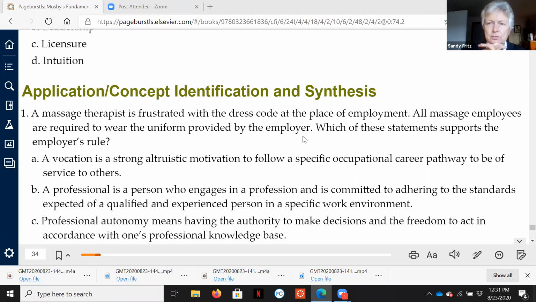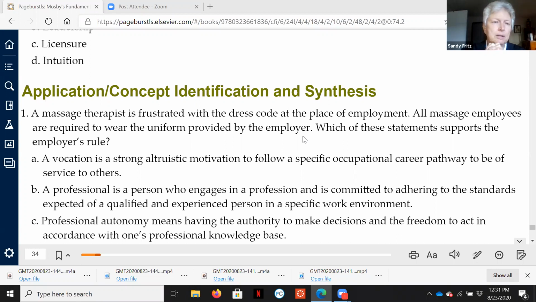So let's start with the first one. A massage therapist is frustrated with the dress code at the place of employment. Okay, so there's information there that we need to know. First, this person is an employee, is implied. And the person is frustrated related to what they have to wear.